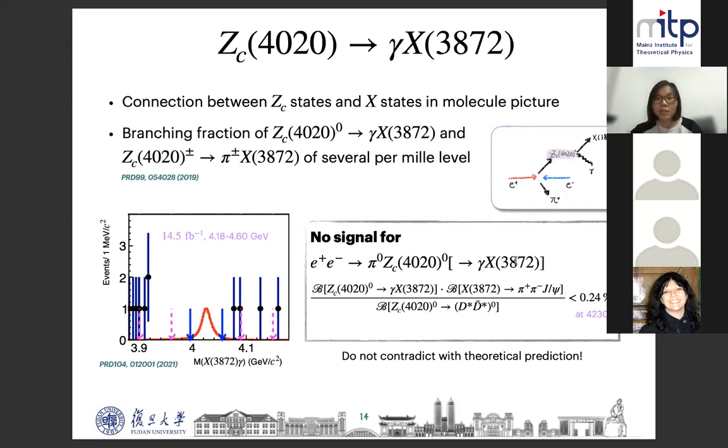The reconstruction mode for X 3872 is pi pi J/psi. Here we see the invariant mass of gamma X 3872, and the region between the blue arrows shows the signal region, where we do not see data. So the upper limit has been put for this product, which does not contradict the theoretical prediction.